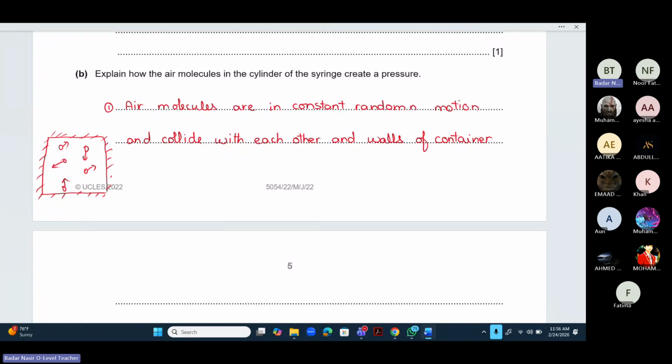Okay? फिर अब आपके पास क्या होता है कि there is a change in momentum.